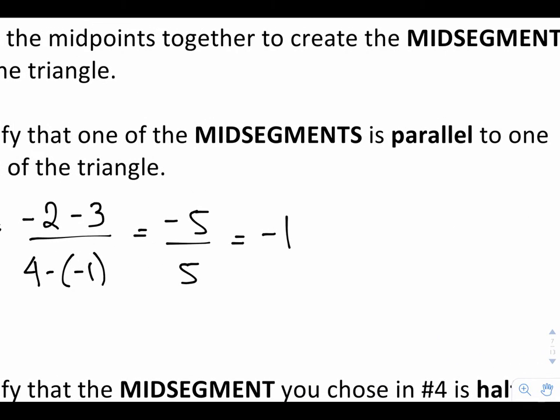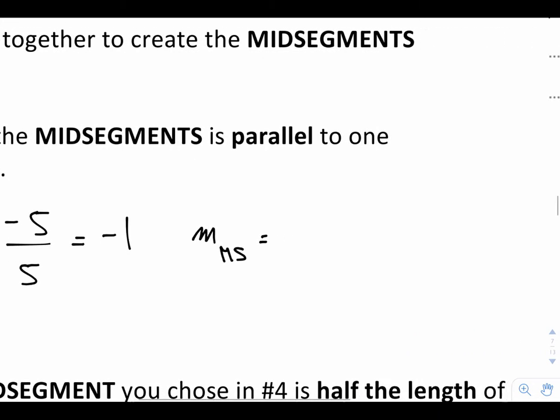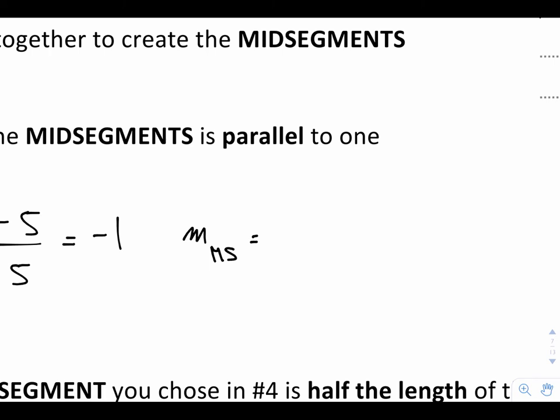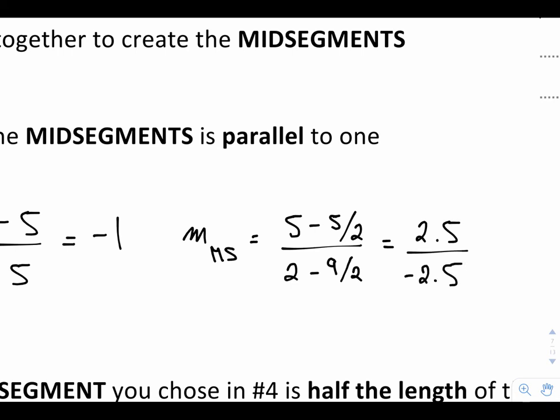The slope of the mid-segment, let's call it MS for mid-segment, is going to be, well, I take the midpoints in this case. So I go (5 minus 5 over 2) over (2 minus 9 over 2). This gives me 2.5 positive on the top, -2.5 on the bottom, which is -1.